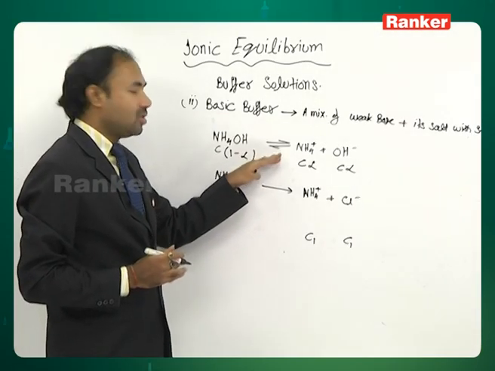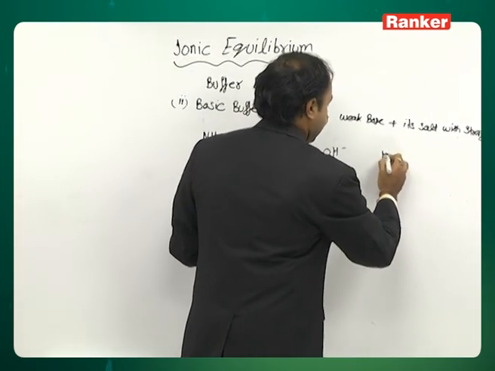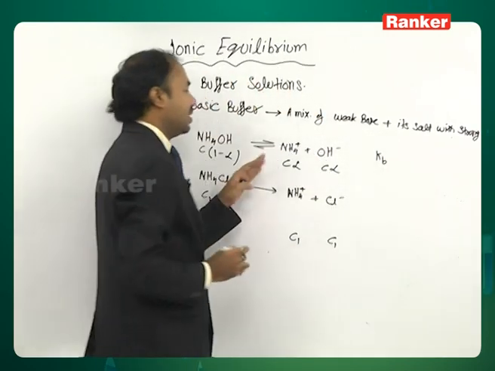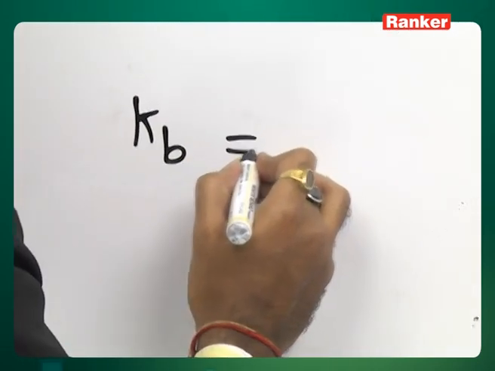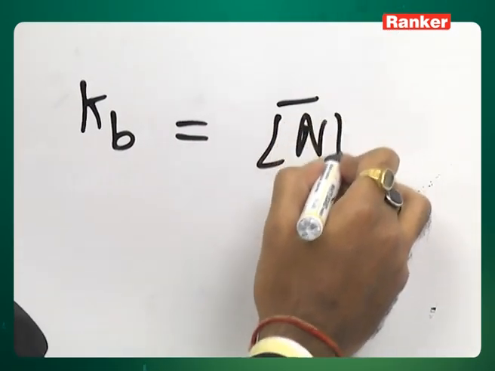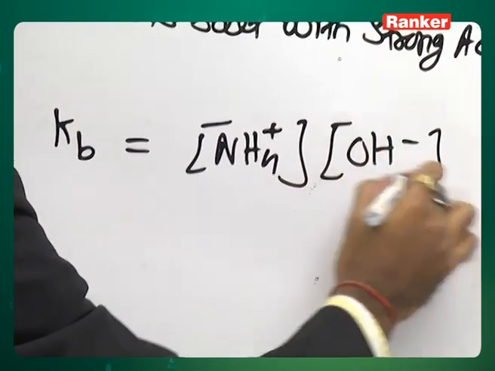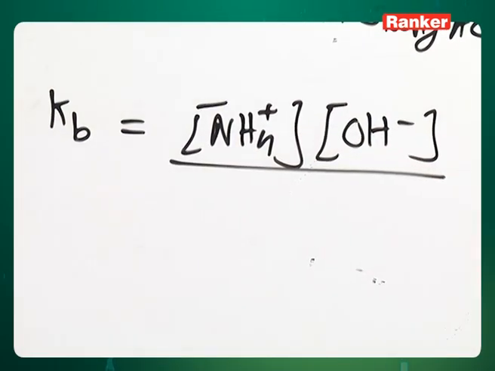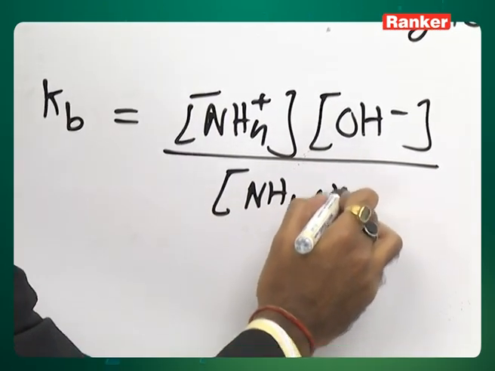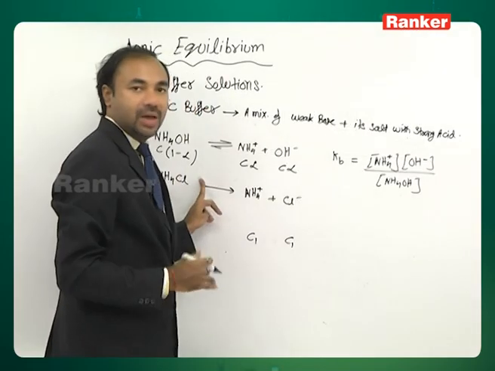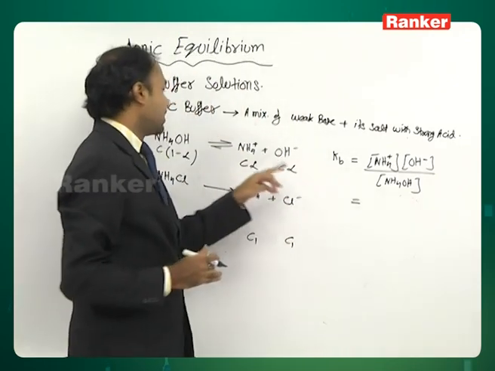We write the equilibrium constant for this. The dissociation constant for bases is known as Kb. Kb will be equal to the concentration of ammonium ion into hydroxyl ion upon the concentration of undissociated ammonium hydroxide. This becomes equal to the concentration of ammonium ion.